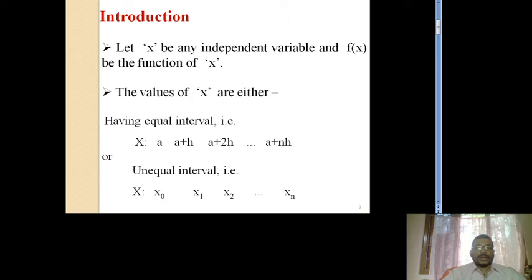In this case, the difference between two consecutive values is always the same, that is a plus h minus a is equal to a plus twice h minus a plus h. But in case of unequal width, the difference between two consecutive values may not be equal, that is x 1 minus x 0 may not be equal to x 2 minus x 1.